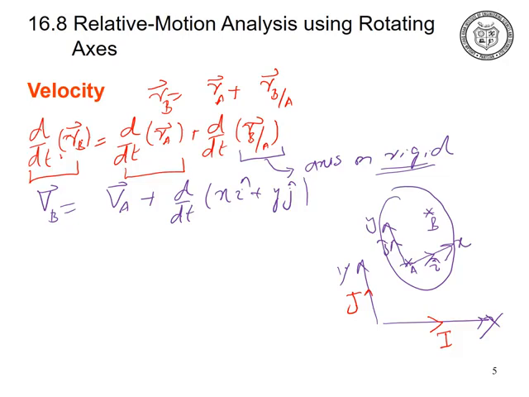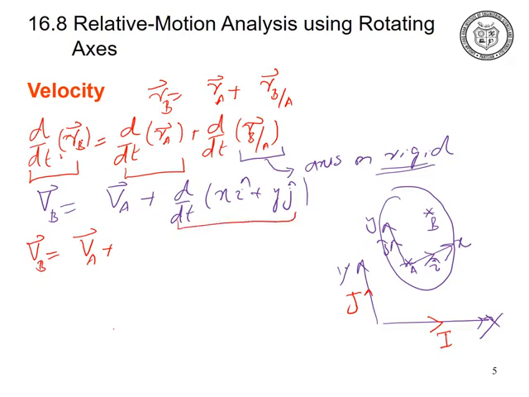In this case, the unit vectors i and j of the axes have a magnitude of 1 but they change their direction. So it means that we can't take i and j as constants, so we have to consider them in taking the derivative. By taking the derivative again, VB equals VA plus, here we have to take the product rule.